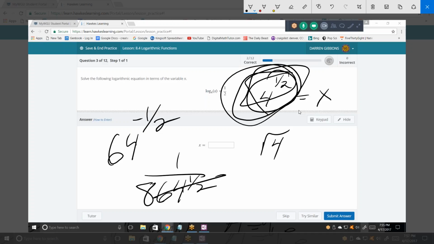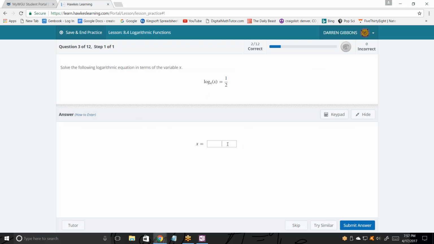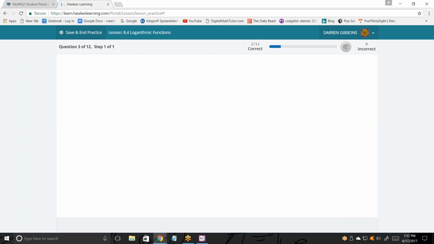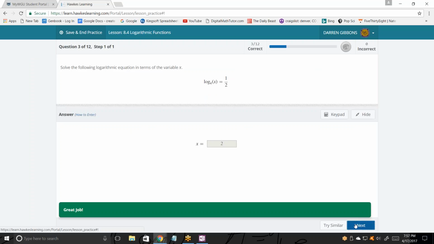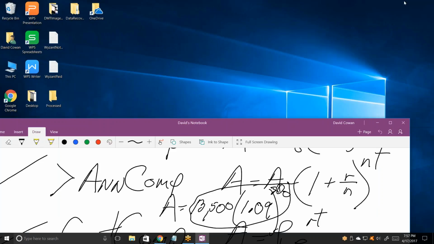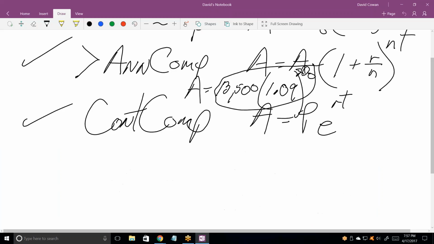So that's how I got 1/8. Whereas in this case, it's 4 to the 1/2, which is just 2. Those minus signs, most of my students give a lot of problem to, but they shouldn't. Let's just go over that again.